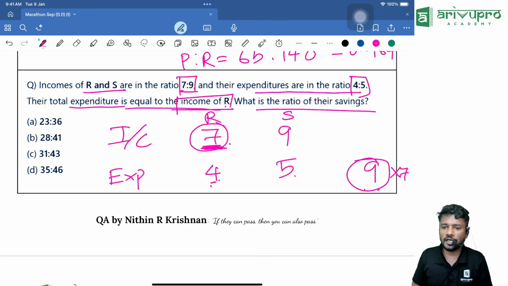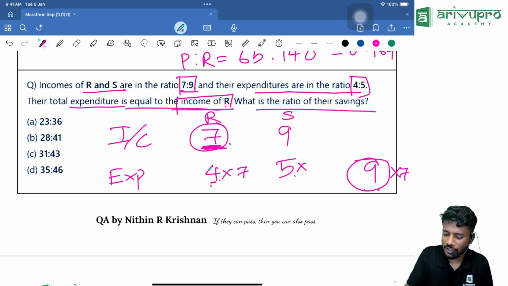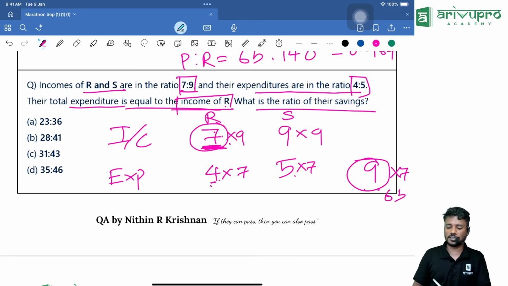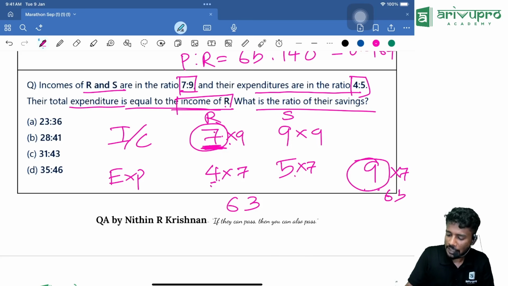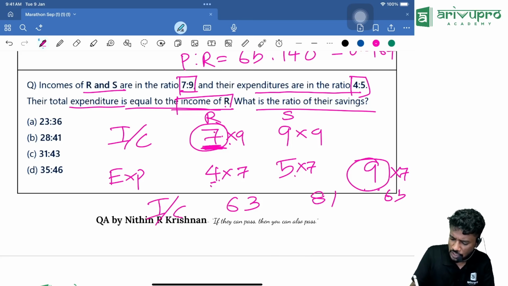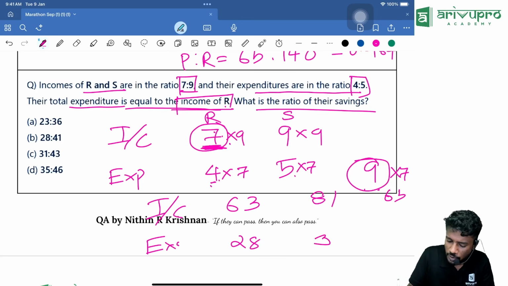It will become 63. So I am multiplying here with 7. How will 7 become 63? We need to multiply it with 9. So the new ratio is 63 is to 81, and expenditure is 28 is to 35.